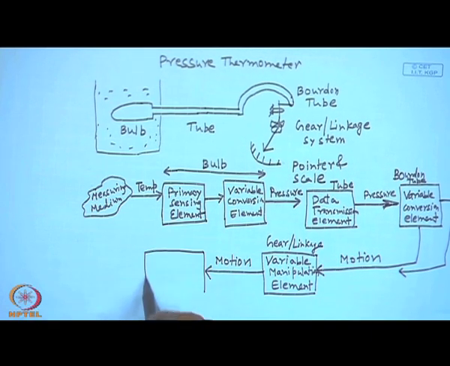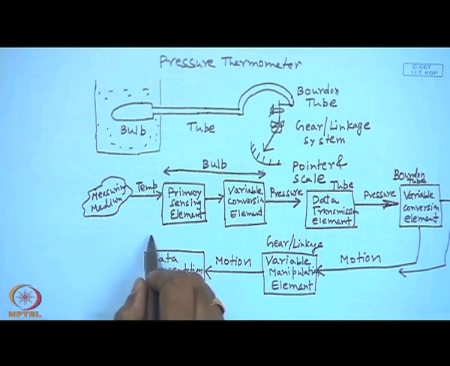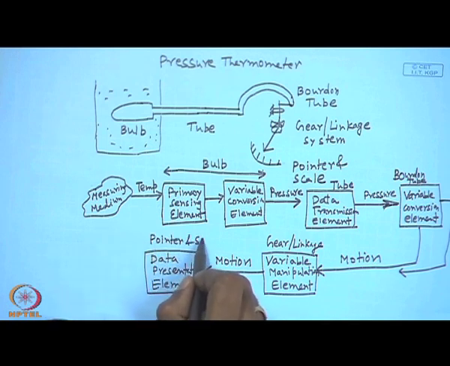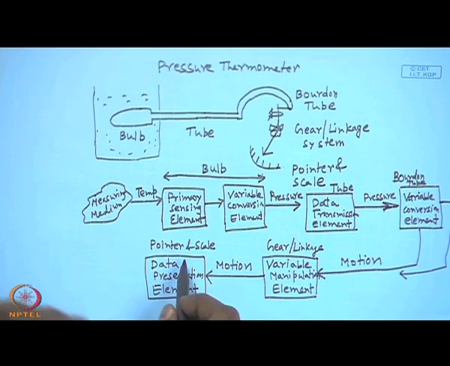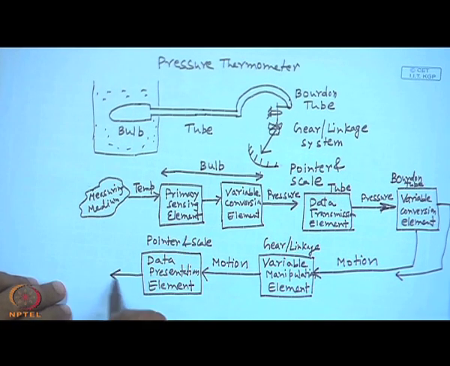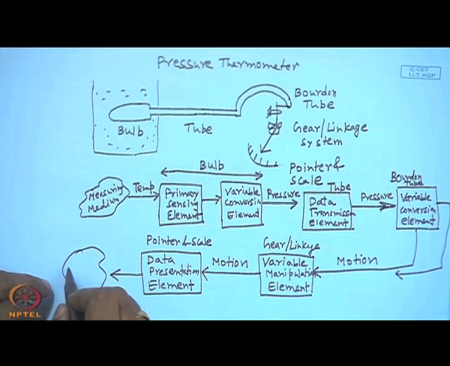So, pointer and scale works as a data presentation element. So, finally, data is presented to the observer.